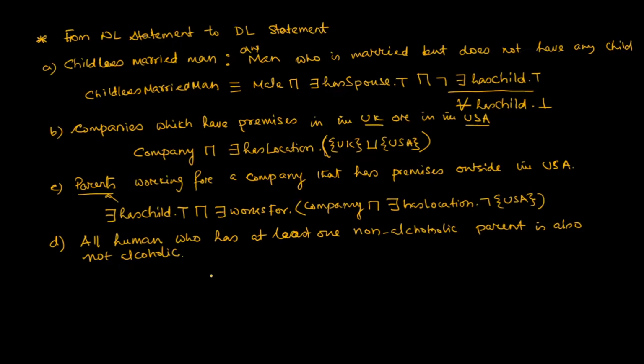So let us assume that we will be using this has child relationship, as we were using earlier, right? So you say human. So first of all, we need to say if something is a human and has at least one non-alcoholic parent, then that human is also not alcoholic. So we have a subsumption here. So this will be a kind of subclass of the non-alcoholic, right?